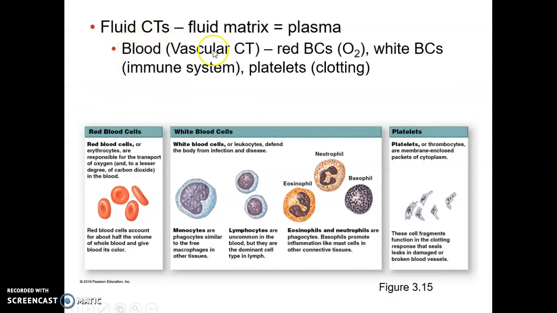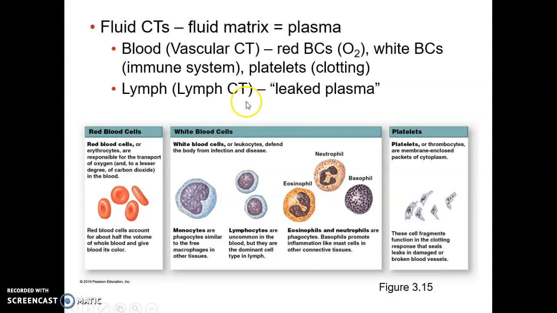So the blood part is the vascular connective tissue, red blood cells carrying oxygen, white blood cells, part of our immune system, and then platelets, which are involved in the blood clotting cascade. And then there's also lymph, which is lymph connective tissue. This is leaked plasma at the capillary beds that's picked up by the lymphatic system and eventually returned back to the bloodstream. And we'll cover that in detail when we do the lymphatic system.